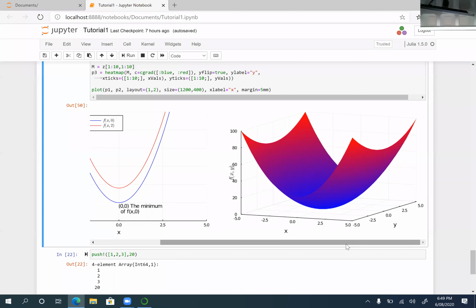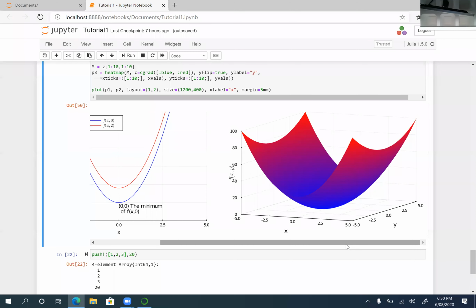So I'm just appending 20 onto the array 1, 2, 3. But you'll notice this is a column vector, whereas if you did this in Mathematica, you'd be looking at a row, right? So the syntax is different, as it is in most programming languages. Somewhat different, but it all rhymes. Okay, I think that's all we have.